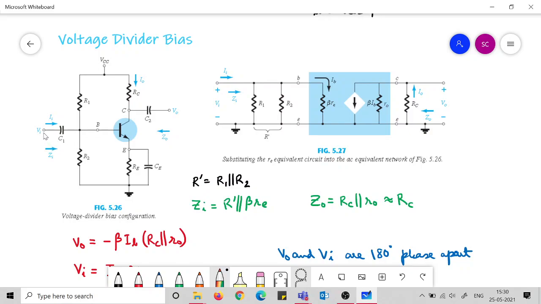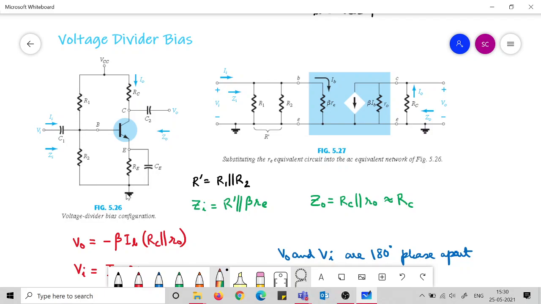So you start from here, you see this is the point we start, the input point. So Vi, and you see the Ii and Zi are also given here. Now this point we arrive at, the B point. So from this B point, there are two resistances R2 and R1 emerging out.